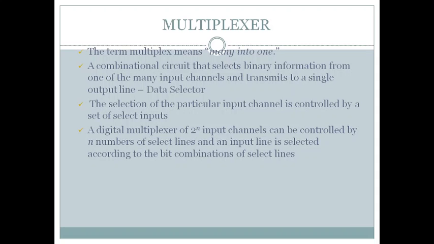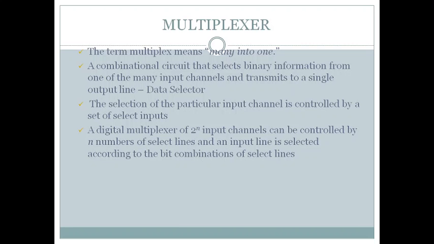After that you can switch over to the third channel and transmit its data over the same output line for some time, and then switch over to one more channel and send the digital data from that channel over the same output line for some time.